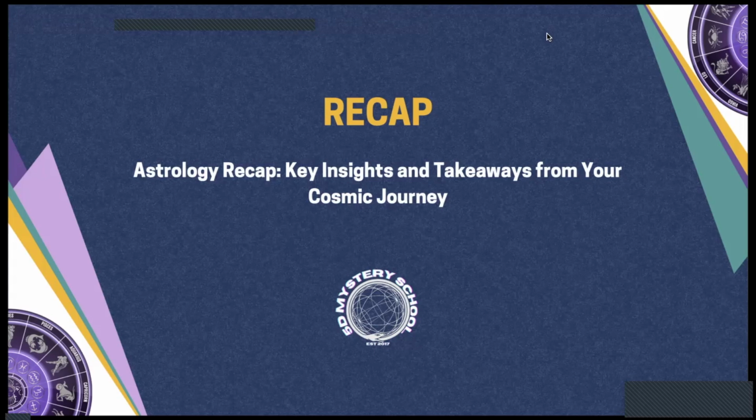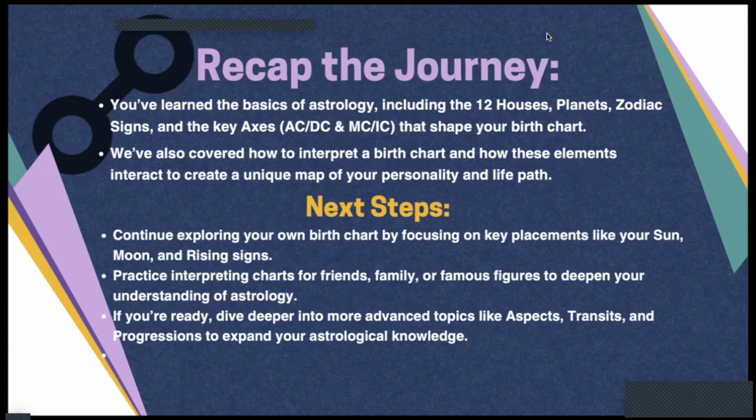Okay, astrology recap. Key insights and takeaways from your cosmic journey. Hopefully you have that notebook filled out with all types of helpful hints thus far. So to recap the journey, you've learned the basics of astrology, right?